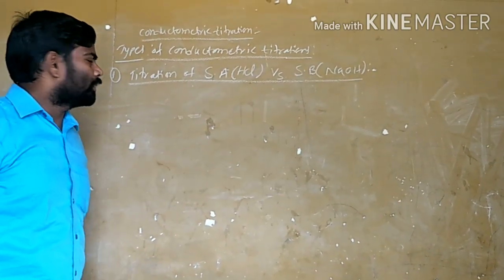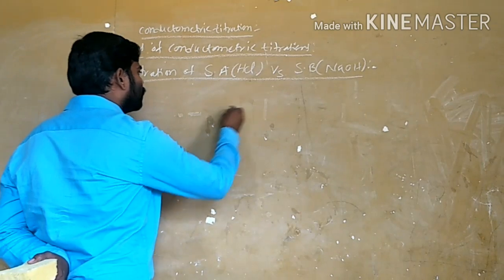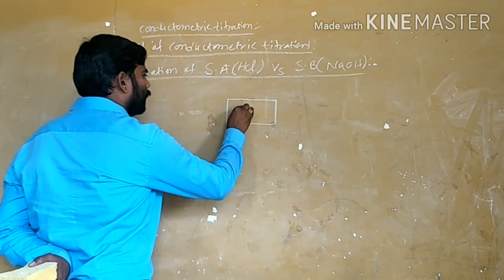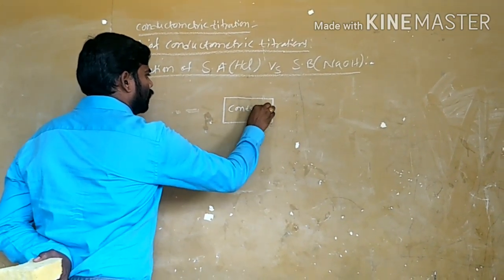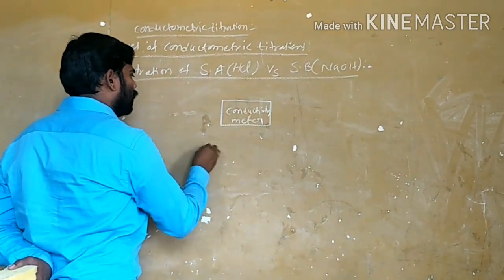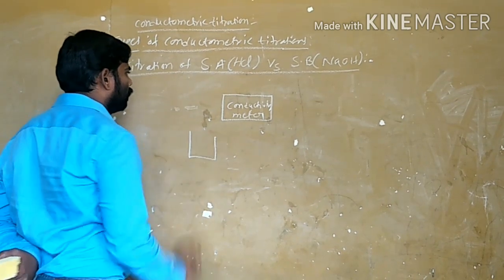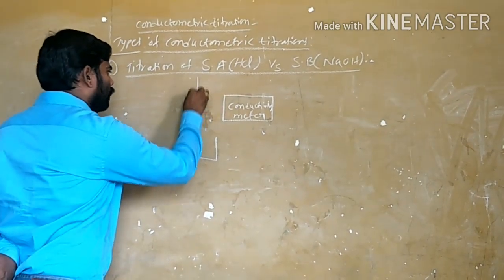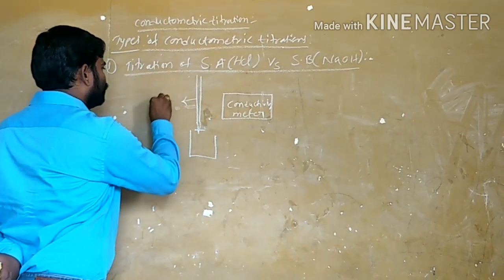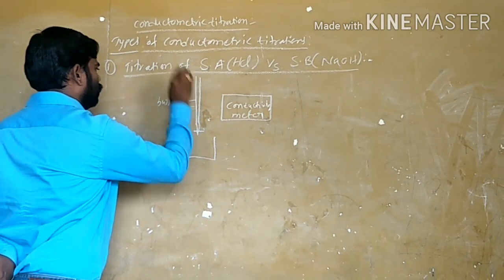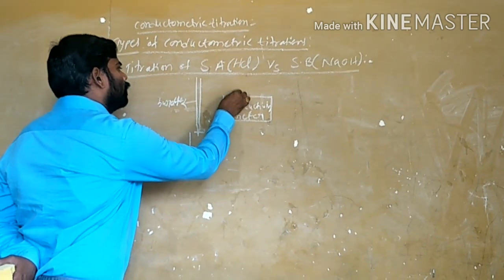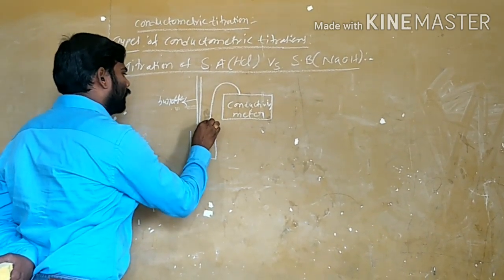In the conductometric titration, I am drawing a diagram for this. This is a conductivity meter, and to the conductivity meter we are attaching a conductivity cell.